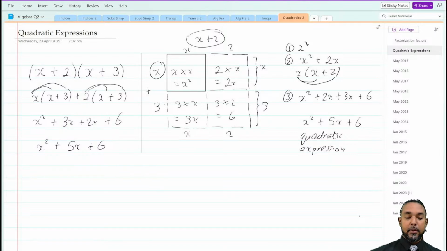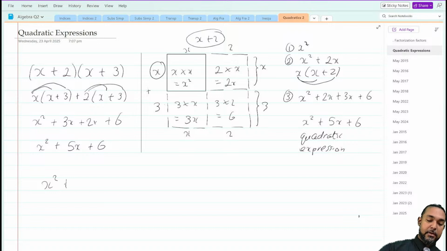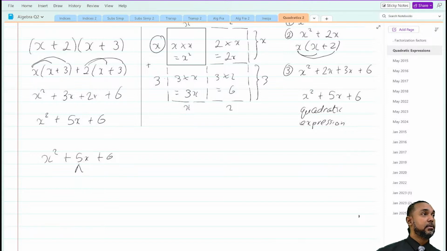So, when we have to factorize a quadratic, you have to start with this and literally go backwards here. So the biggest challenge for most people is when you start with x squared plus 5x plus 6, how do I get to this line just before it? How do I, what we call, split the middle term?